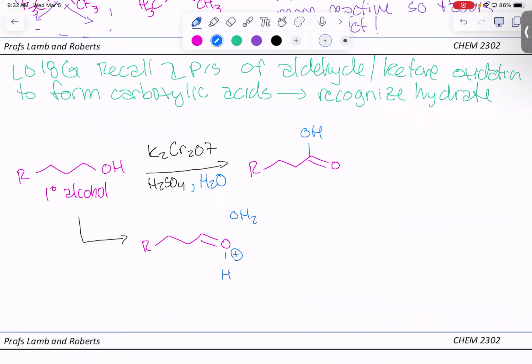Then we have water come in as our nucleophile and attack that carbon, break that CO double bond, and this gets us to a hydrate intermediate, which now we can understand sometimes for some people, it's really helpful for mechanisms and products to be aligned. So a lot of people miss the fact that with the chromium-6 reagents and acid and water, we went all the way to the carboxylic acid. And this is because we went through our hydrate intermediate.